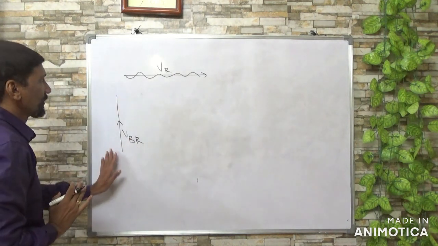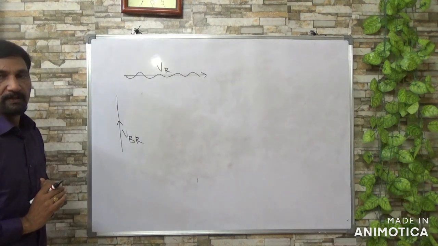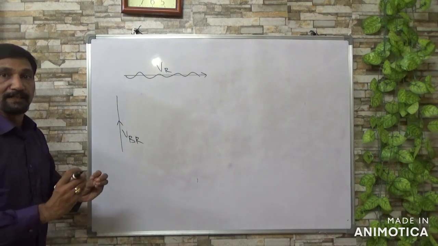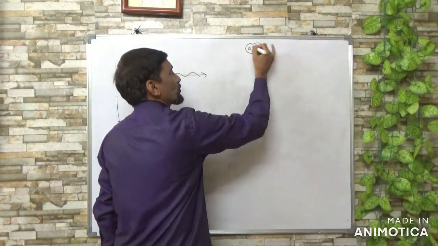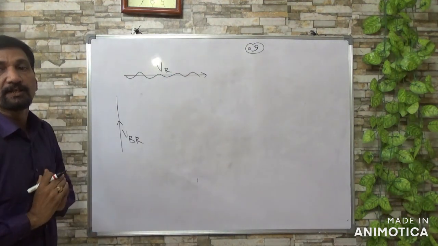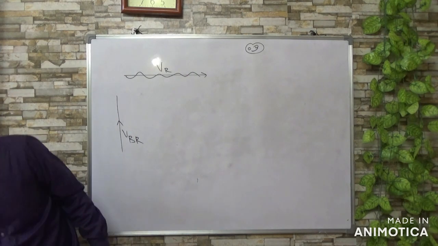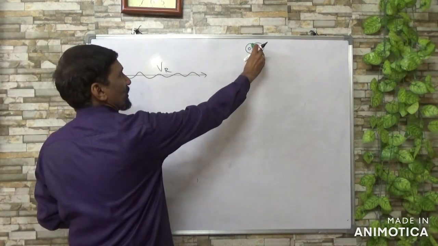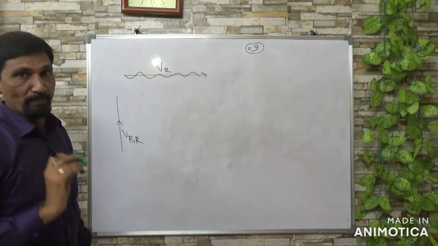So you want to know the resultant direction. That means if anyone observing it from outside, they will know in what direction this boat is moving. So if anyone is observing, they know the resultant direction of the boatman.